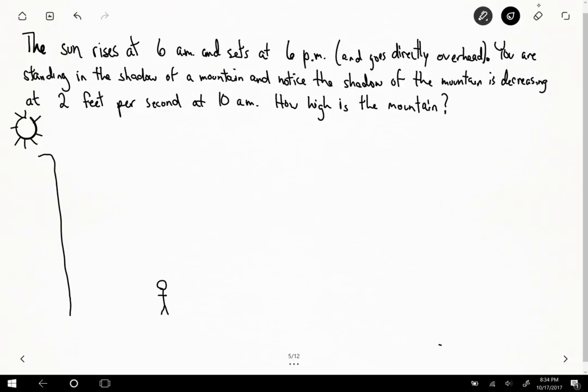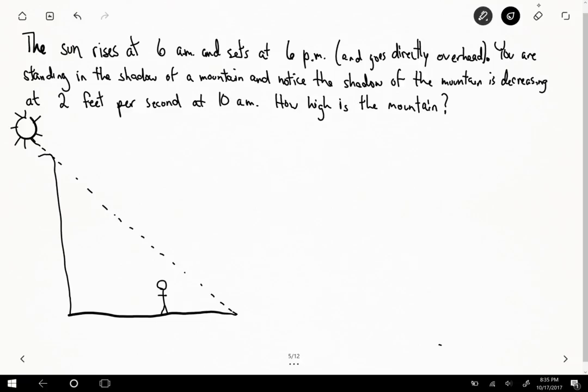And remember, it goes directly overhead and then comes back down. But what's happening is the sun is going over that mountain, and this dark line right here represents our shadow.